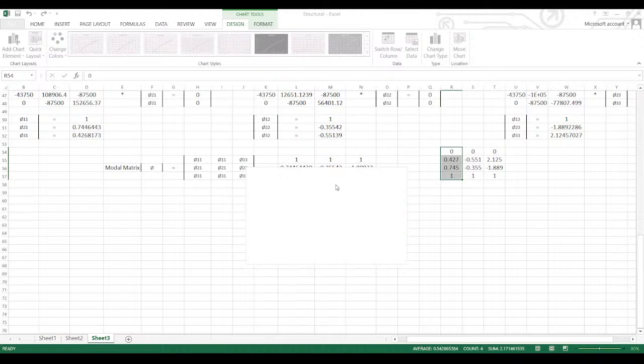Remove, add title name. What we have to add is the title name: mod 1. Edit mod 1 x-axis. We have to select this one.